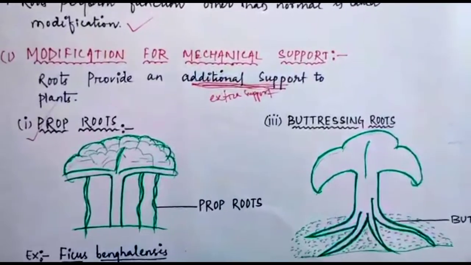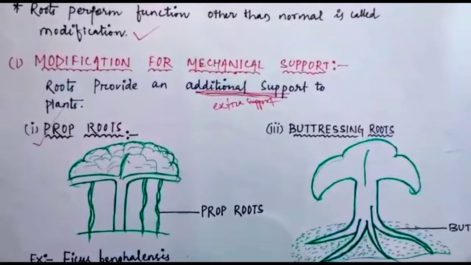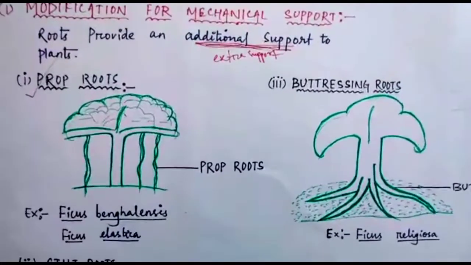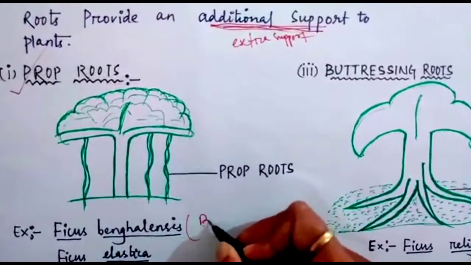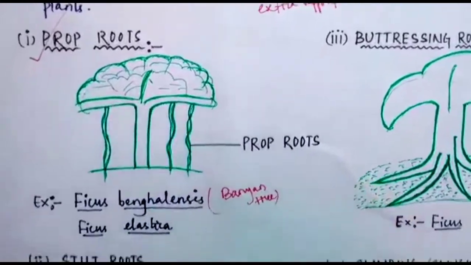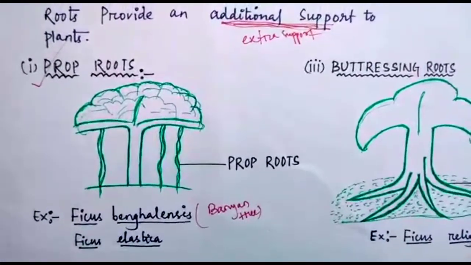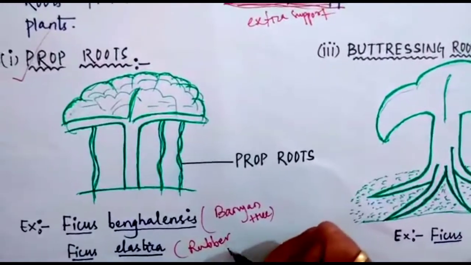What is prop roots? These roots arise from the stem. Example is Ficus bengalensis, which is known as the banyan tree, and Ficus elastica, which is known as the rubber plant.